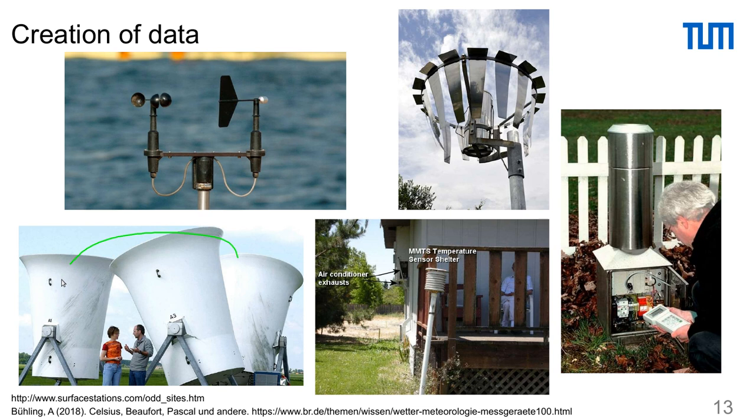And a more complicated example is this SODAR, the sonic detecting and ranging instrument, which is used to measure wind direction and wind speed. These devices emit audible sound pulses into the atmosphere, and they are received by the device again, because sound energy is reflected by the atmosphere.